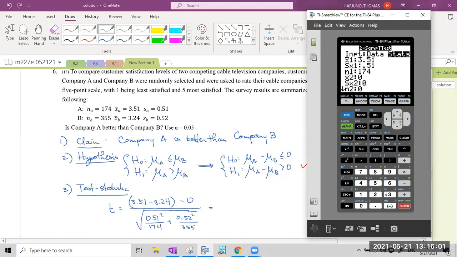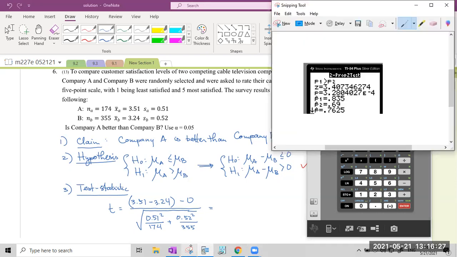X bar 2 is 3.24. Sample standard deviation for the second group 0.52 and sample size 355. We will do a right tail test. It's not pooled.